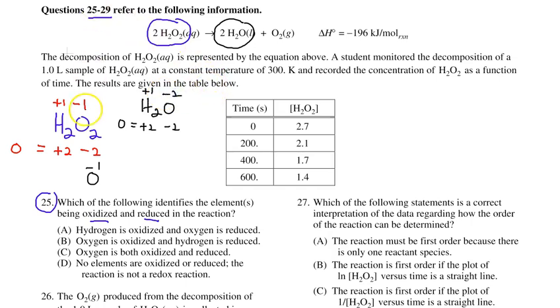So in the case of H2O2 going to water, we have an O that is -1 in the peroxide going to an O that is -2. How did that happen? It happens because this oxygen must have absorbed an electron.